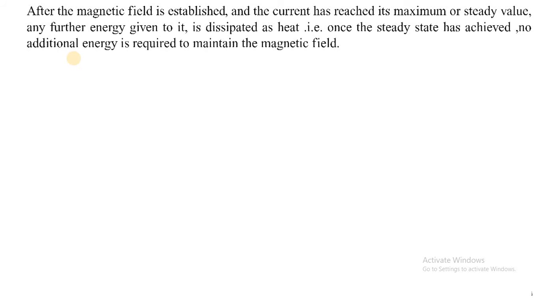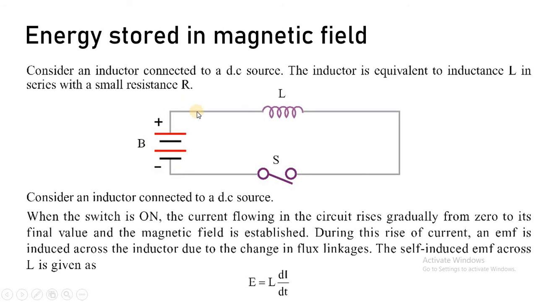Suppose this battery is connected to a series resistor, and suppose this is a variable resistor. So this variable resistance is having the range, say, from 1 ohm to 5 ohm, and battery is of 5 volt. So when the current flowing through the circuit is maximum, the resistance is offering minimum value.